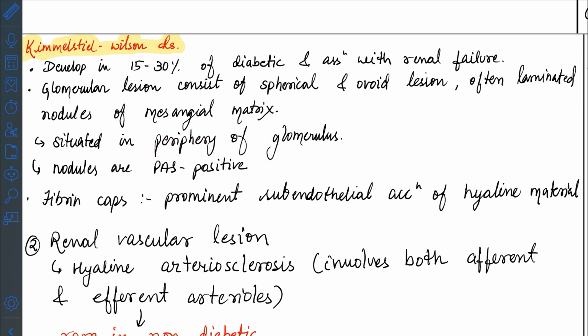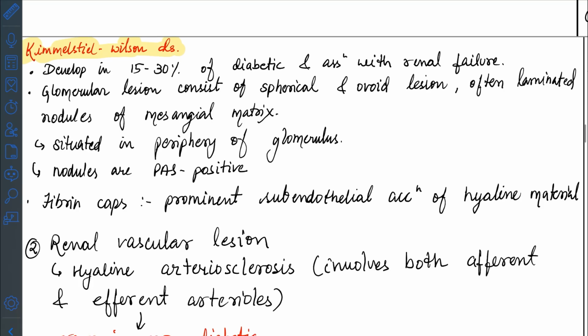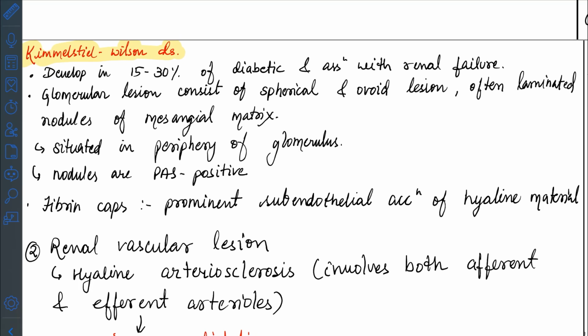These nodules are also PAS positive, with prominent subendothelial accumulation of hyaline material. This was all about Kimmelstiel-Wilson disease. Just remember a few salient features about it, in case you get any question related to it, you'll be able to answer.